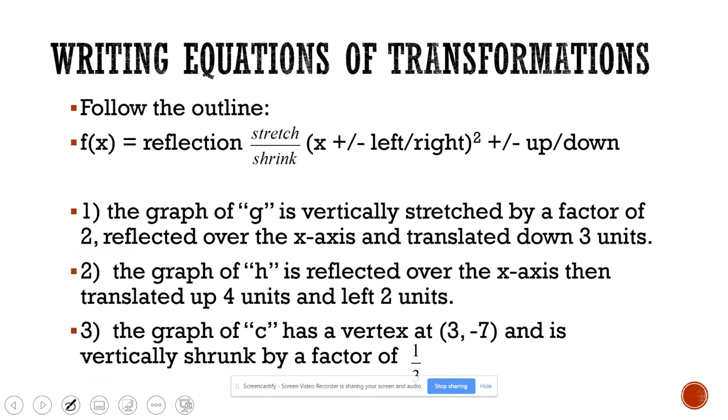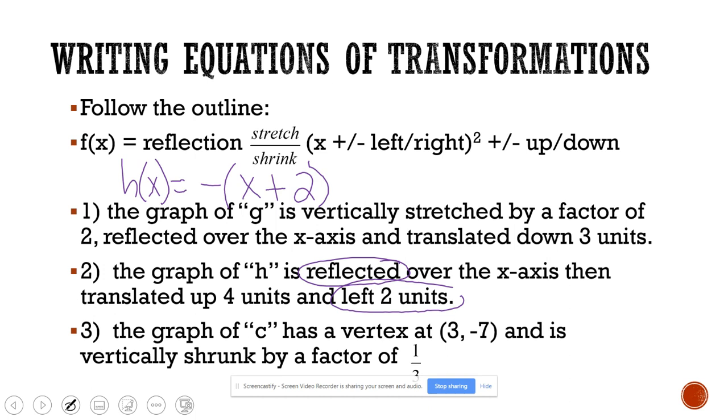Example 2, the graph of h. So we have h of x. Start with looking for the word reflection. I've got reflected here, so I do need a negative. Reflected over the x-axis. I'm looking for stretch or shrink. Nope. Then I'm looking for left or right, and I have left 2 units, so I need parenthesis x plus 2.